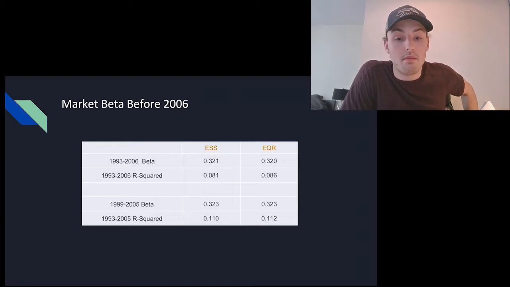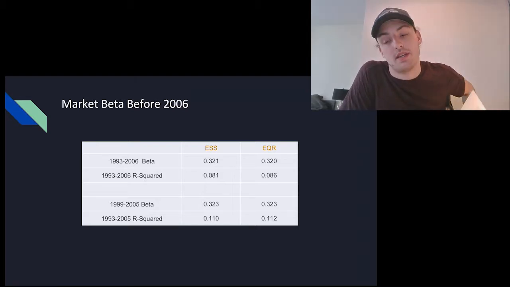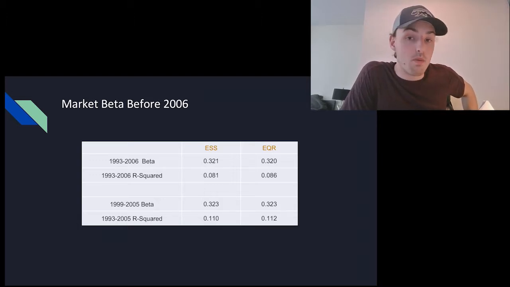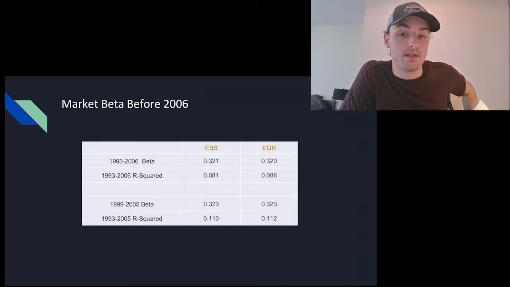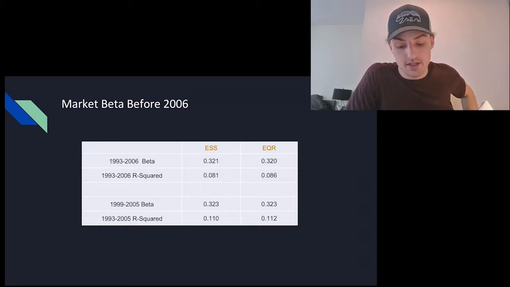Now, a beta of 1.2 would be a 1.2 multiplier. So if the S&P 500 moved up by 1%, ESS would move up by 1.2%. Likewise, if it moved down by 1%, ESS would move down by 1.2%. So it is a multiple more volatile than the general market itself.